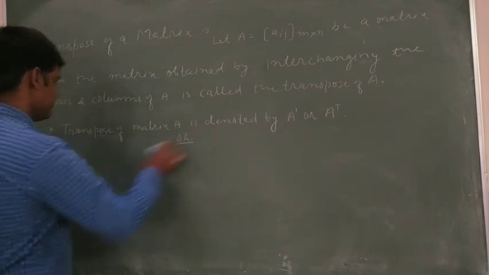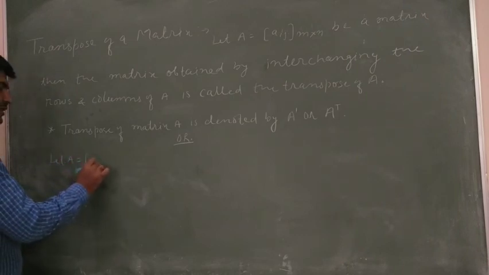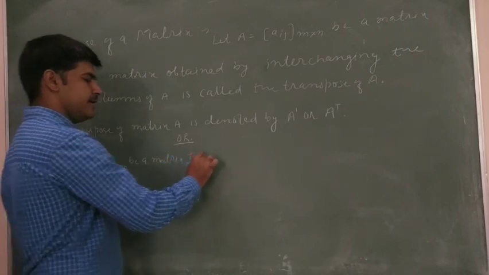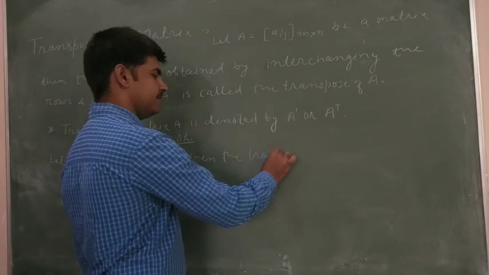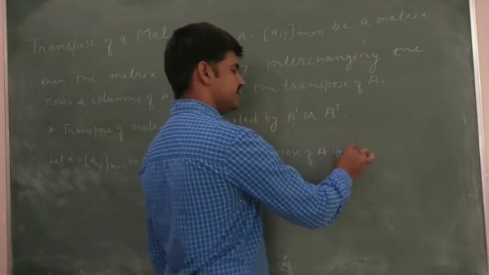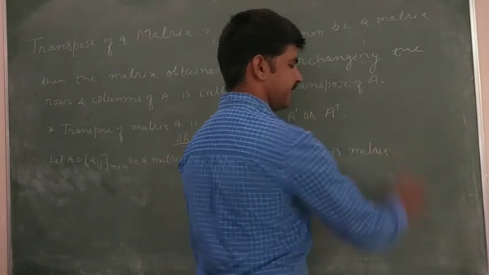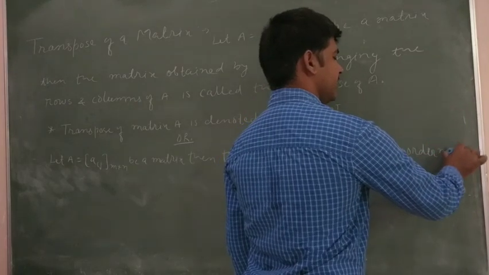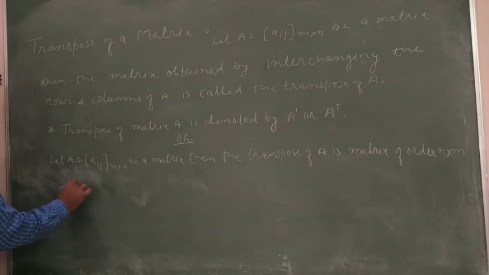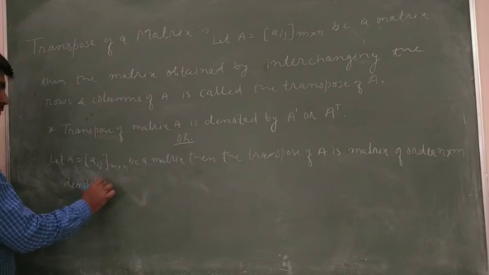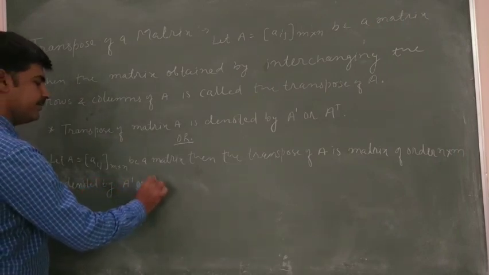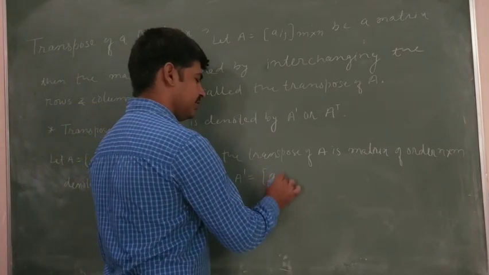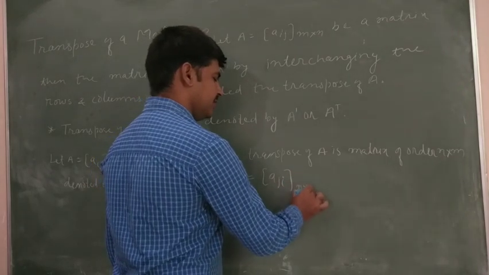So, another definition: let A = [aij], m by n, be a matrix, then the transpose of A is a matrix of order n by m, denoted by A dash or A^T, such that A dash or A^T = [aji], n by m.